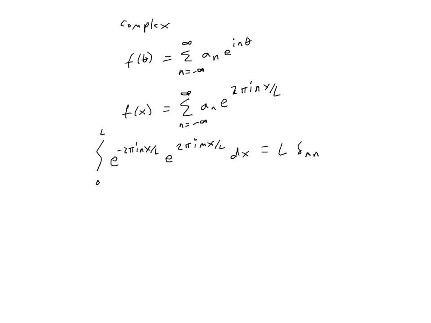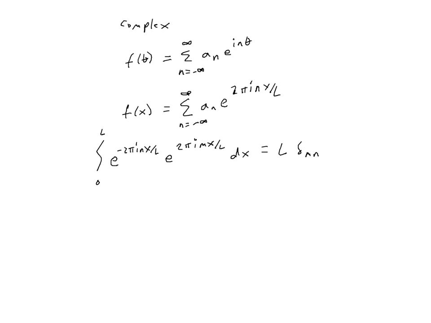And the reason why is because within this exponential term, you can combine the exponentials, and literally you just end up with m minus n in the exponential. And if m minus n is not equal to 0, then you get something that oscillates and gives you 0 when you integrate it over the boundaries.